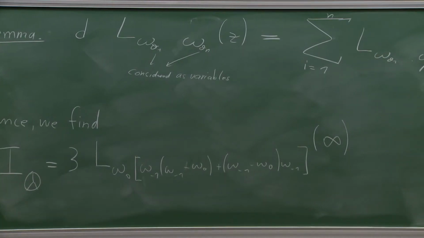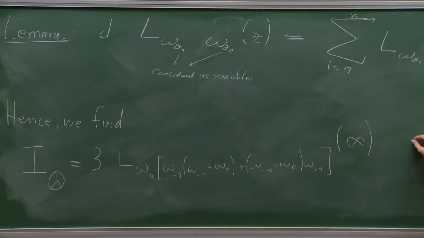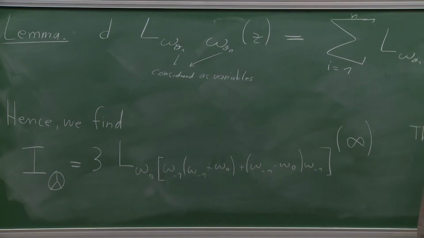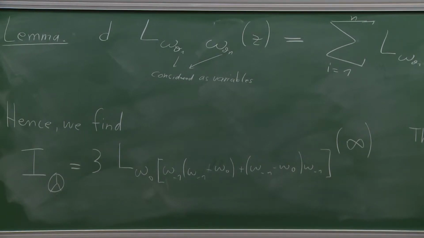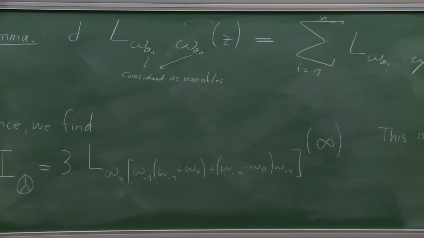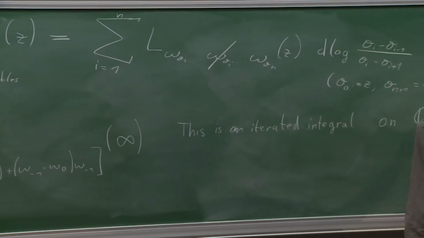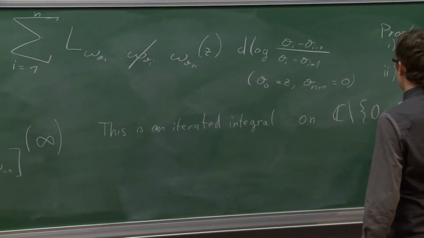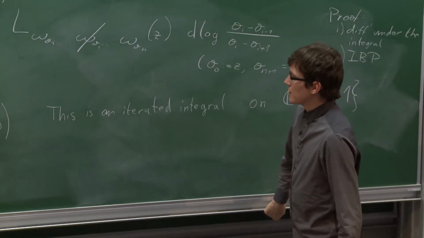Which still might look mysterious, but what is it? I mean, this is an iterated integral on C minus 0 and minus 1. So we immediately know that it is a multiple zeta value.